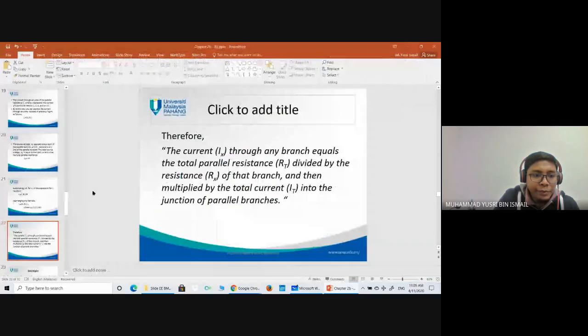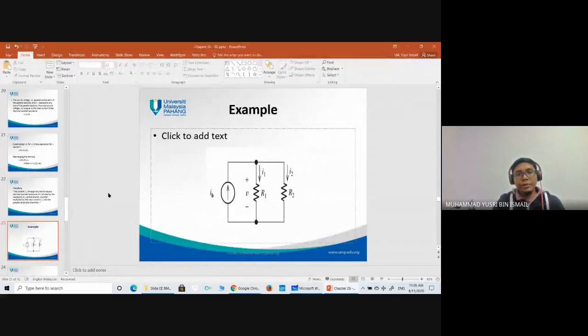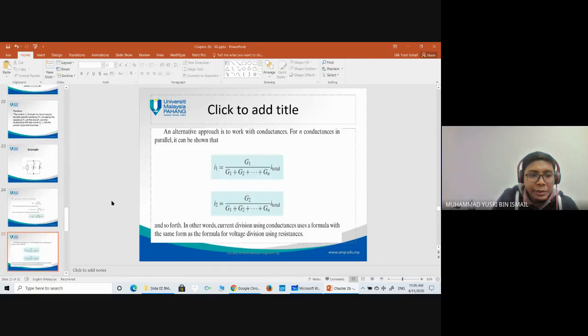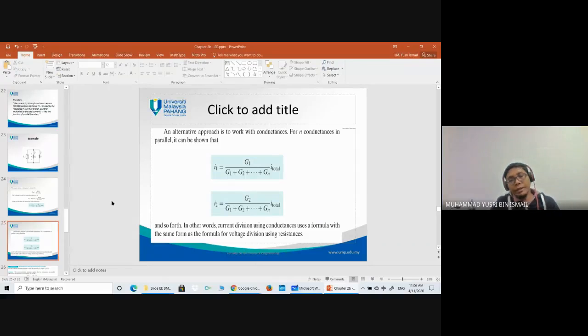Now, here you can see I1 is equal to R2 over R1 plus R2 times the I total. Apart from this method, you can use conductance. An alternative approach is to work with conductances.